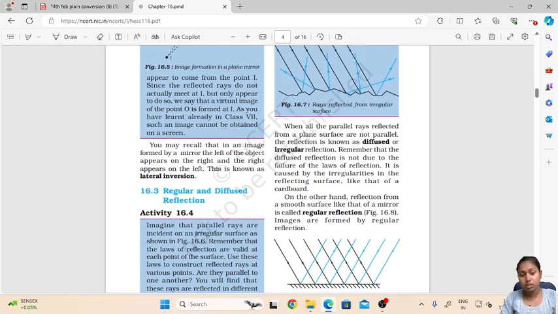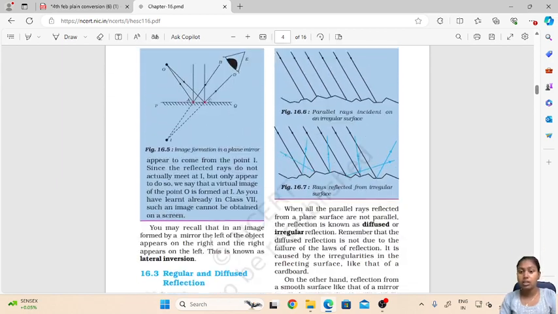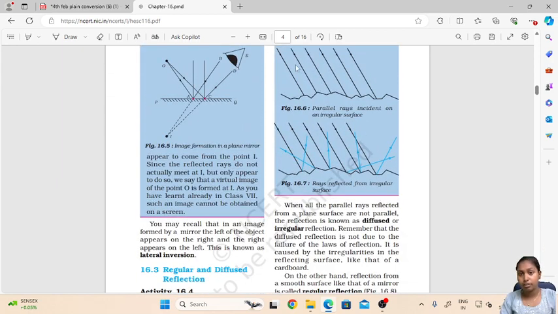So by using this law, if we construct the reflected rays on this irregular surface, it will look something like this. If it was a straight line and the rays fell here, it would reflect like this, at an equal angle. Now here the surface is uneven, so it is reflecting the way it wants.